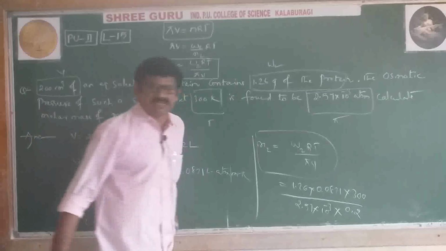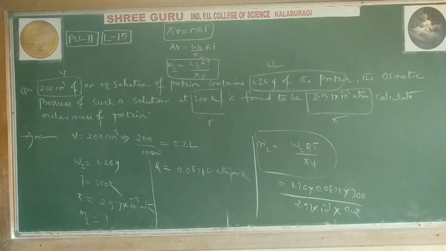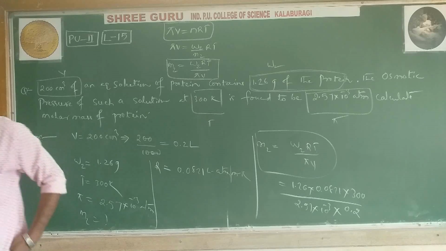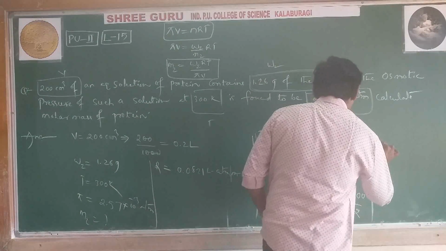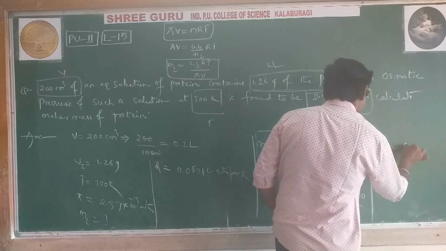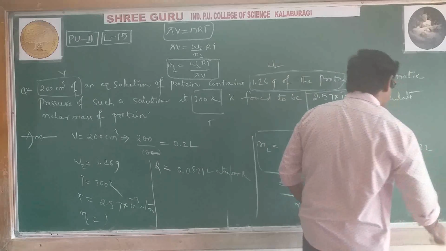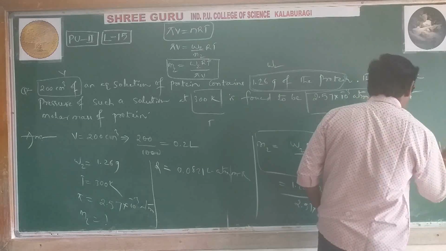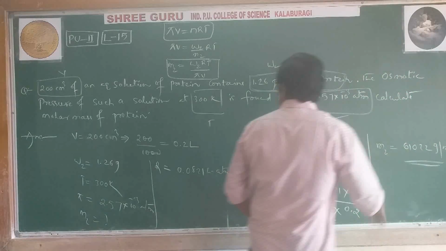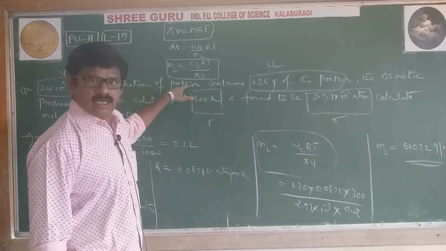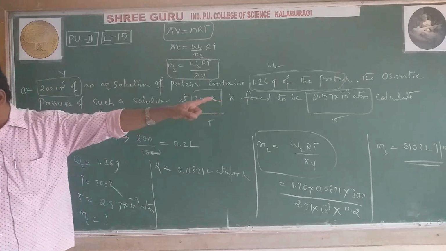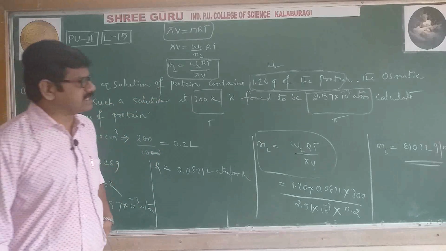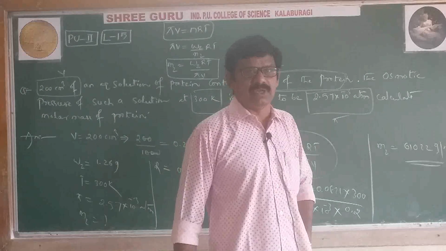If you simplify those values, you will get 61,022 gram per mole as the molar mass of solute. Because we have taken a protein, which is a polymeric substance, the molar mass will be higher. We get 61,022 gram per mole.